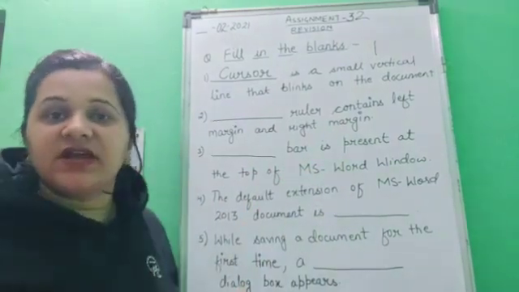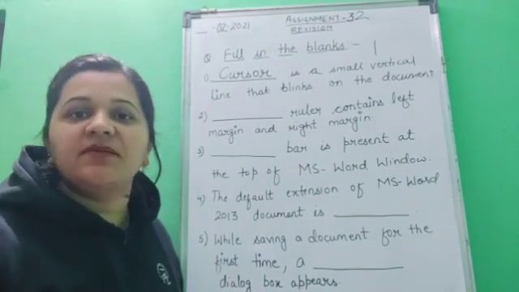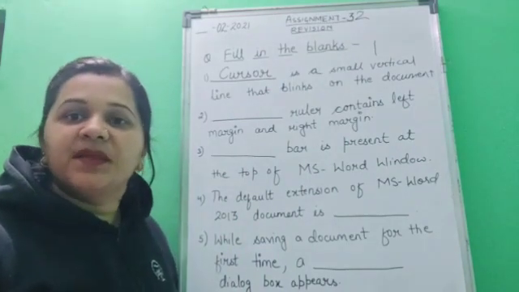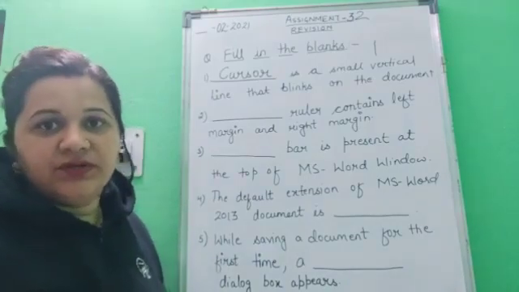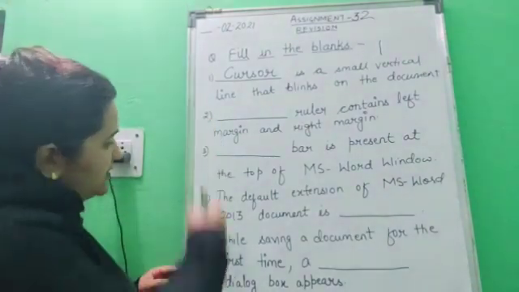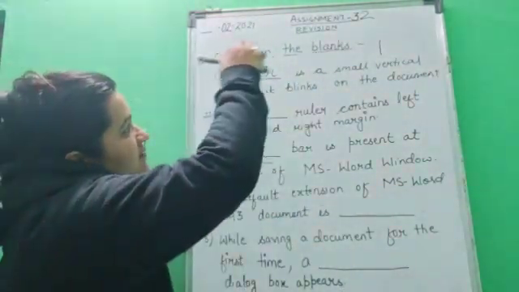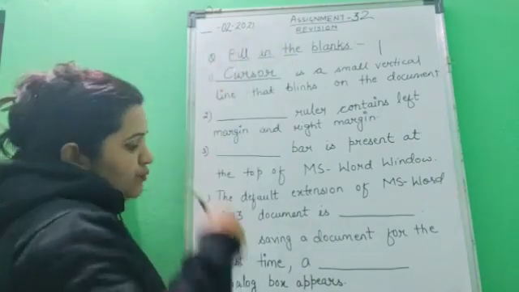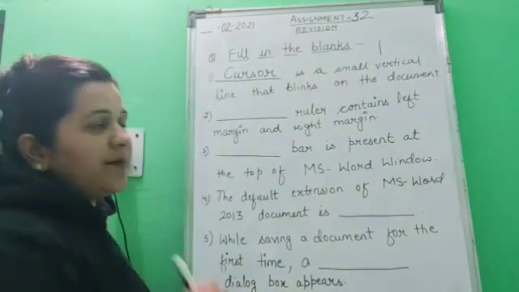Now, point number 2, dash ruler contains left margin and right margin. Children, we have studied that there are two types of rulers present on the document window of MS Word. What are they? Horizontal ruler and vertical ruler. Vertical rulers are standing, and the horizontal rulers lie on top and bottom.